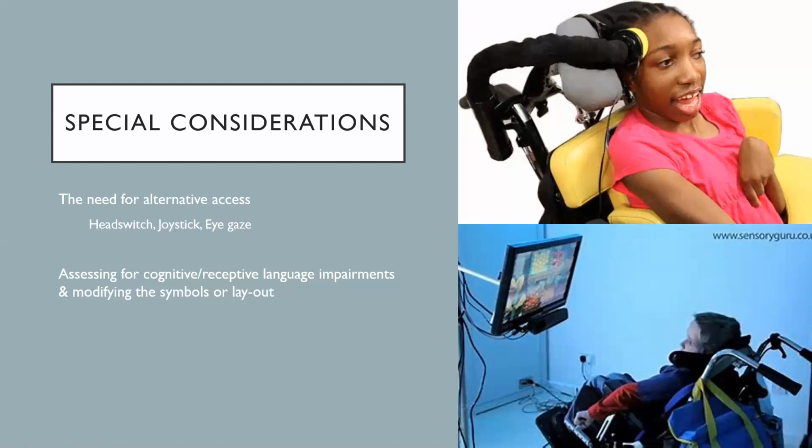We're going to talk a little bit more about how we can approach therapeutically children and people who have these developmental disabilities, that we still have the need to teach and learn language, and how we can arrange the layout and the symbols to assist with that.